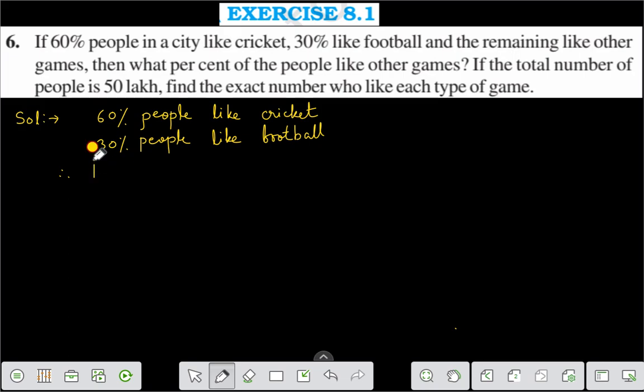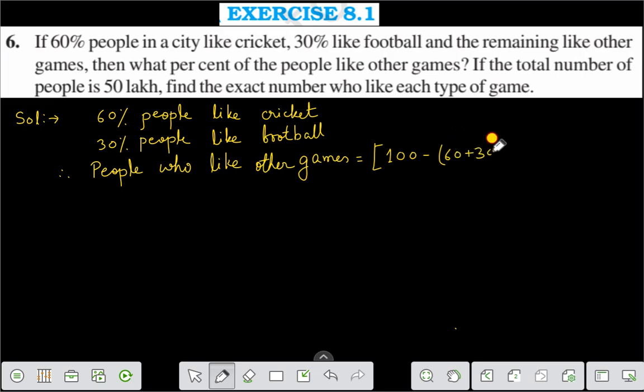Therefore, people who like other games is equal to 100 minus 60 plus 30 percent, that is equal to 100. 60 plus 30 is 90. 100 minus 90%, that is equal to 10%. Now the question.